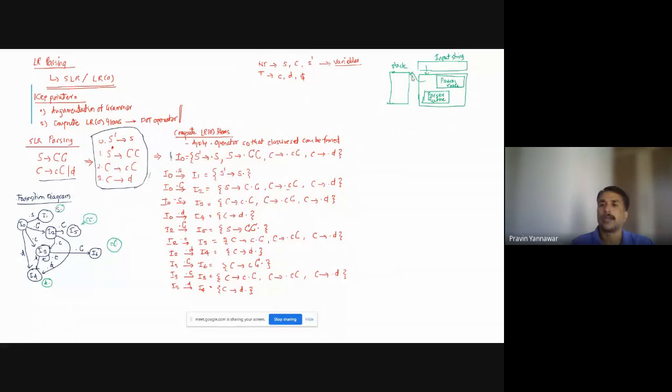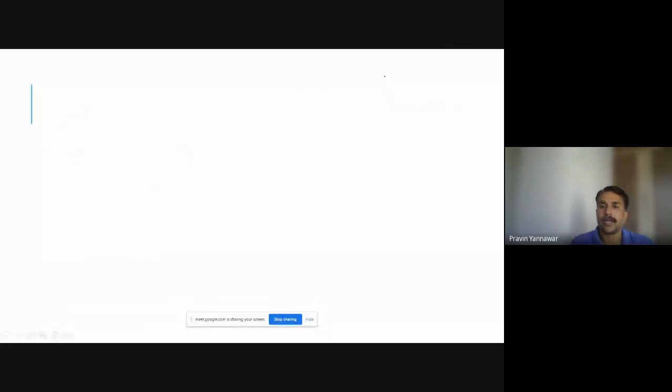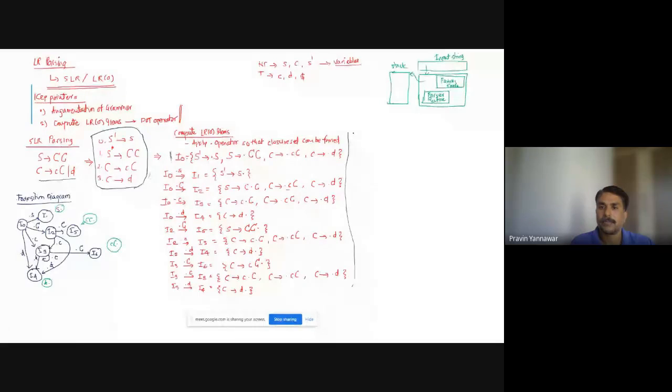Now once you have computed the LR0 sets, and then the transition diagram, it's time to prepare a parsing table. This is again very important, so let us prepare a parsing table here.